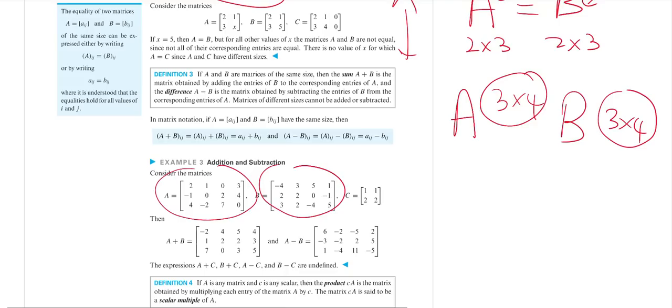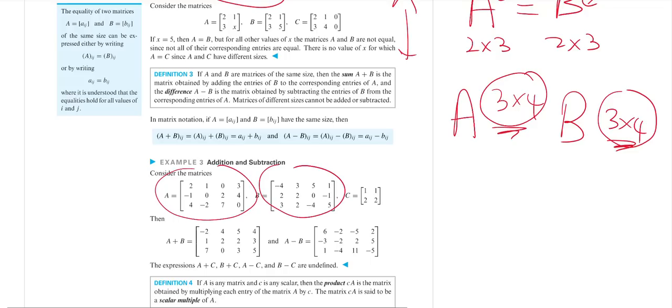So for addition and subtraction of matrices, we first have to make sure they have the same size. Then they are compatible in the sense that they have the same size, and also compatible for addition and subtraction. For multiplication, compatible will mean something else; we'll talk about that in a second.